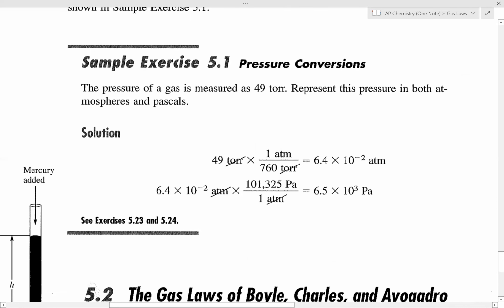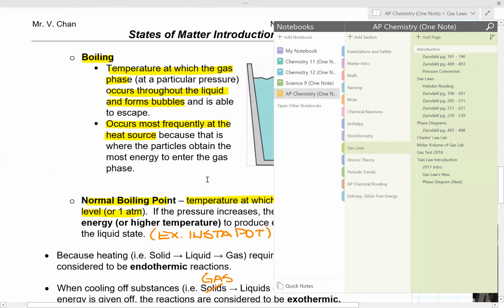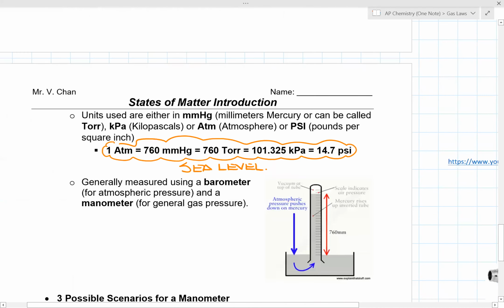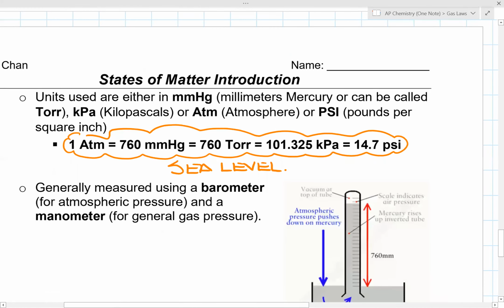This is something I'm definitely going to ask you to practice: are you able to flip between the units of things like atmospheres, pressure, torr, and so on? When we talked about pressure, you should be able to flip from one unit to the other.